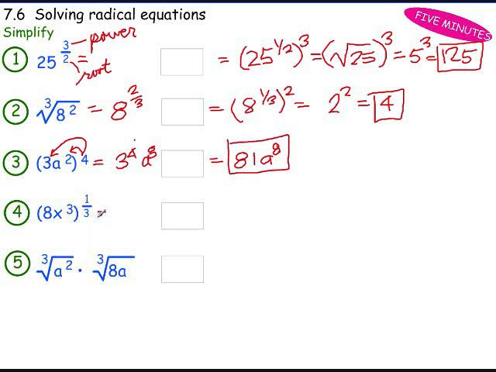Now this one, we have a lot going on here. We've got the 1/3 power, which is really saying the 3rd root. That's going to apply to the variable and also to the coefficient. So we're going to have 8 to the 1/3 power, and we're going to have x to the 3rd power to the 1/3.